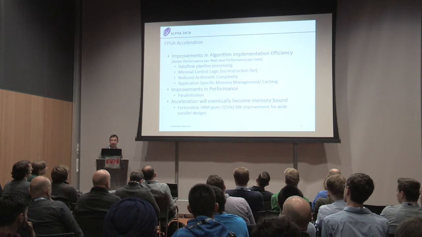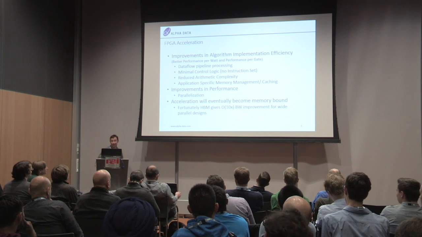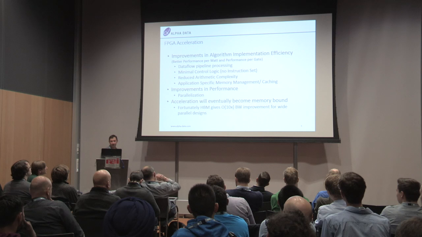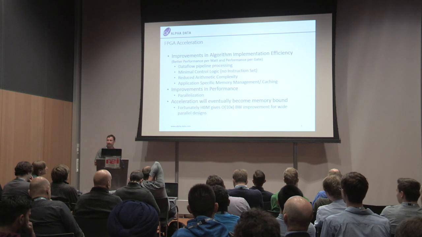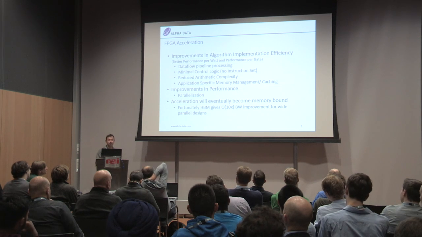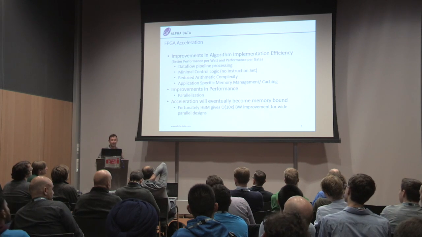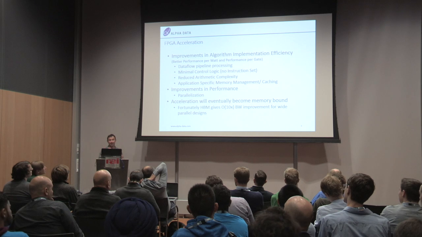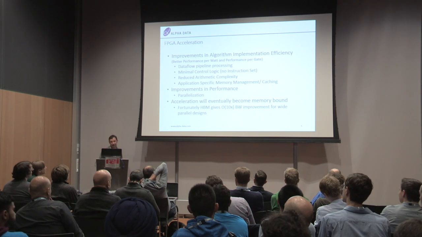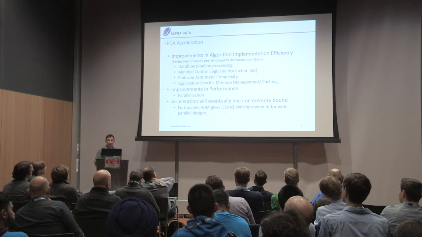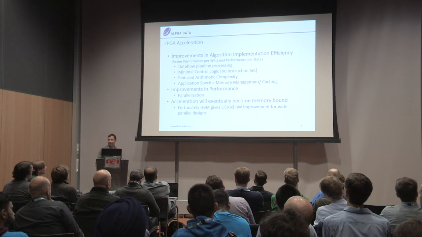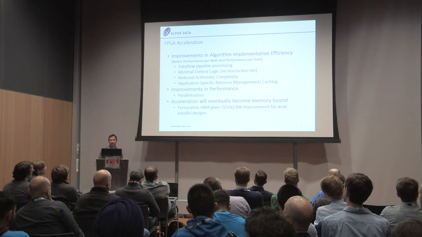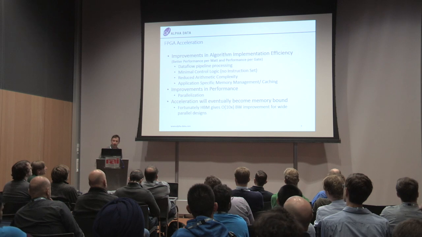You can reduce your arithmetic complexity down to a level that's actually needed for your algorithm, and you can have very detailed control over your application-specific memory management. You can schedule your memory reads and writes to match what your application needs, and also access the hardware in the most efficient manner. With all these implementation efficiency improvements, you can parallelize massively across your chip, and that gives you your performance increase overall.